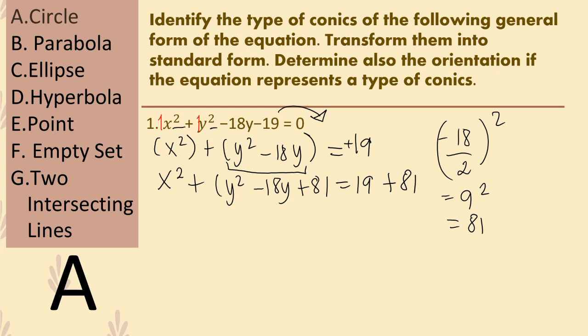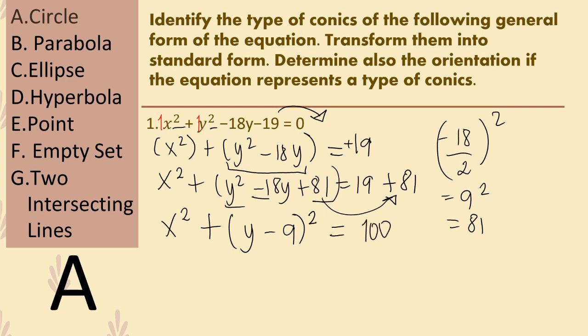Kung anong dinagdag natin dito, i-add din natin siya sa kabilang side. Baba lang natin itong x squared and then square root of y squared is y. Square root of 81 is 9. And then, follow the sign of the middle term which is negative. Then, squared is equal to 100. So, tama naman.